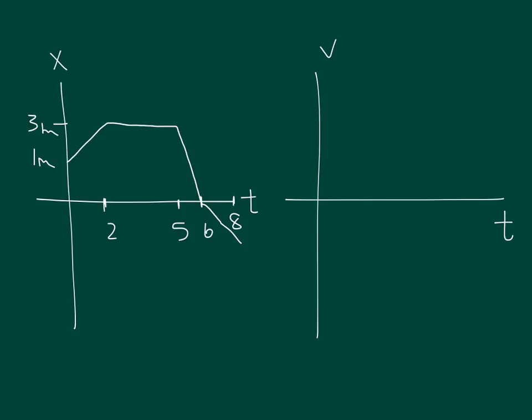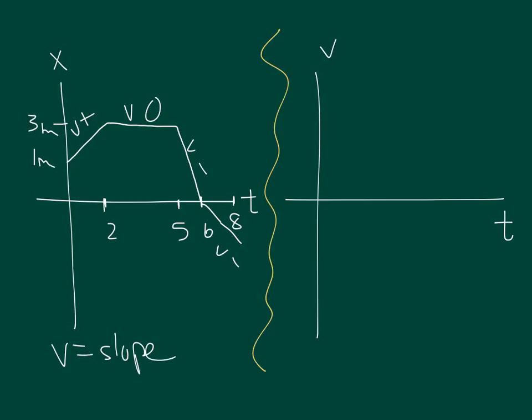Some notes you should write down along the way: velocity is positive here. Velocity is 0. Velocity is negative. And here again, velocity is negative. How do you know that? Because velocity is equal to the slope. Remember, the slope of a position versus time graph is velocity.